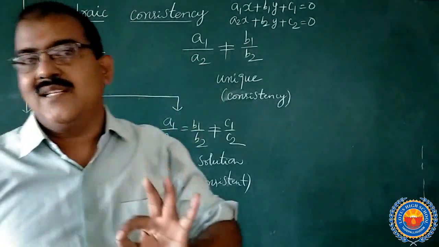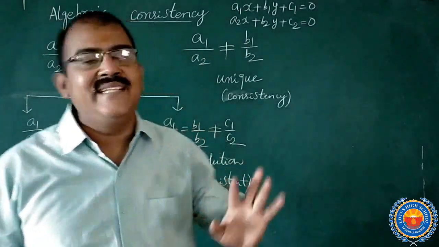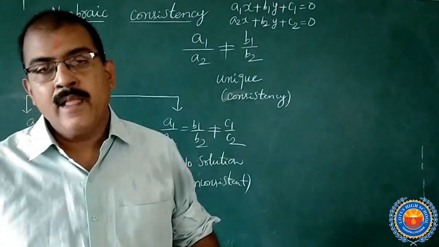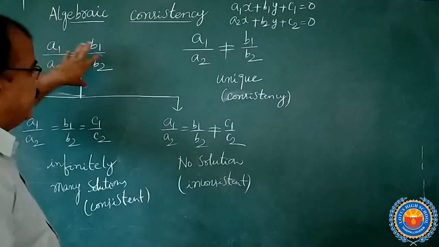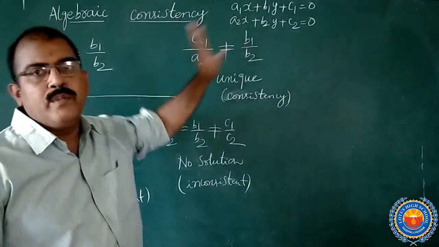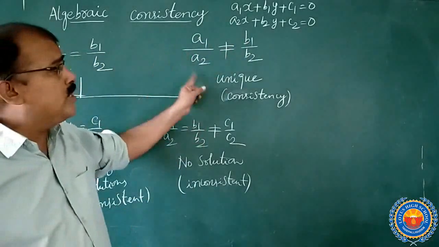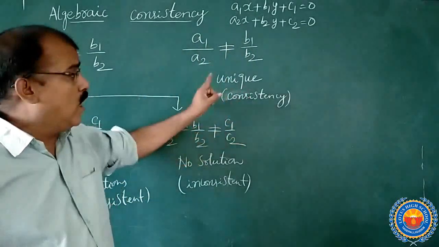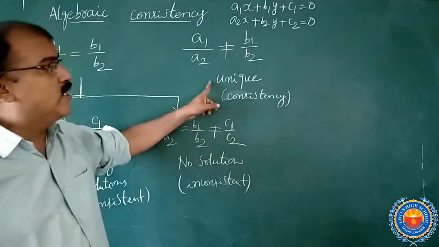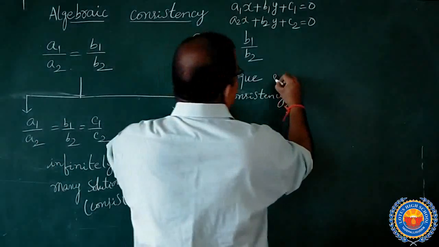Now, how to check the consistency by using these special conditions? If a1 by a2 is not equal to b1 by b2, by seeing this condition we can say there is a unique solution.